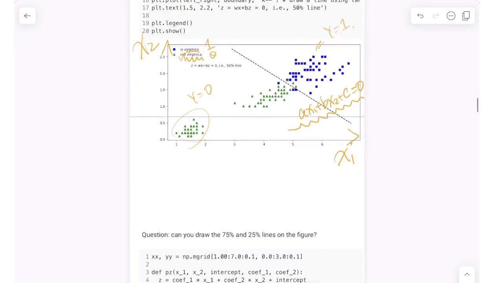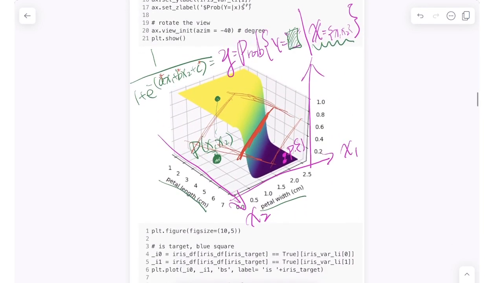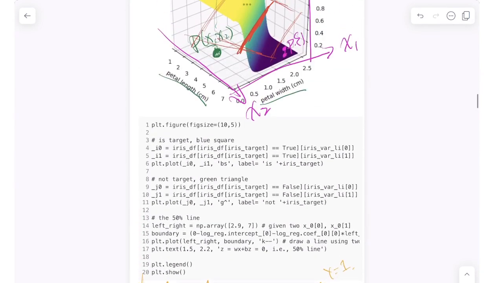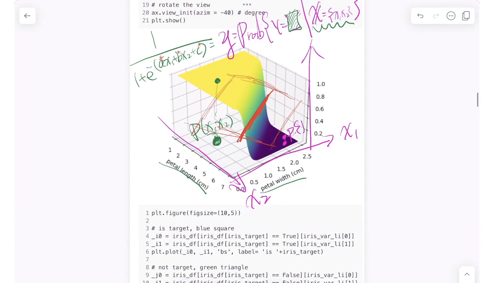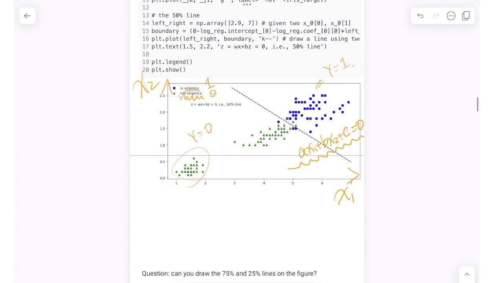Sometimes we think about simply drawing the line. In 3D we simply draw the surface. In 2D we simply draw this line, and this line is exactly ax1 plus bx2 plus c equals 0.